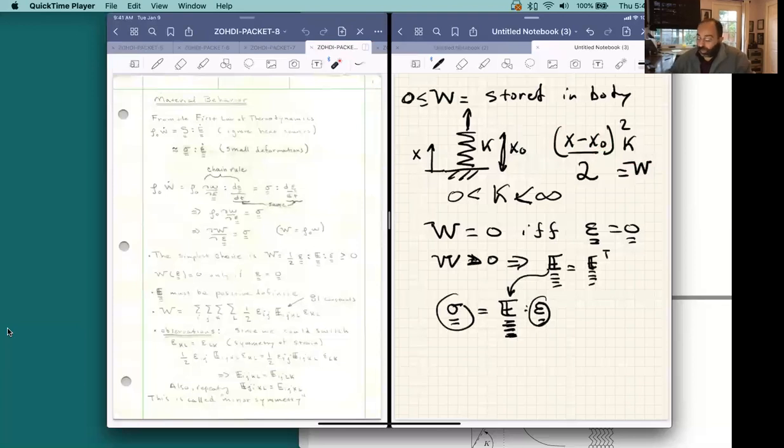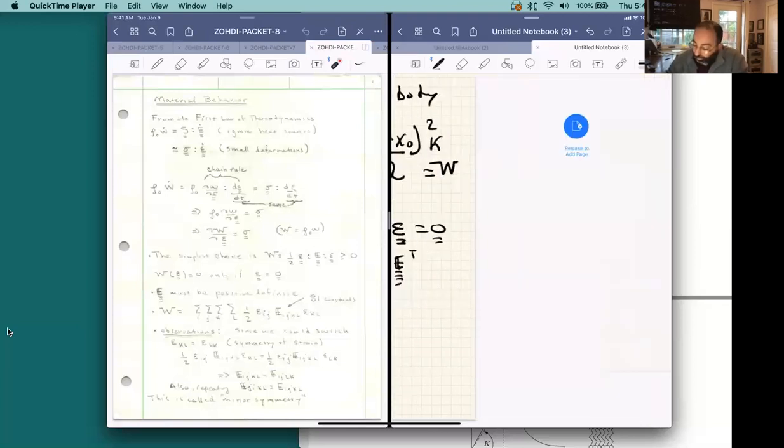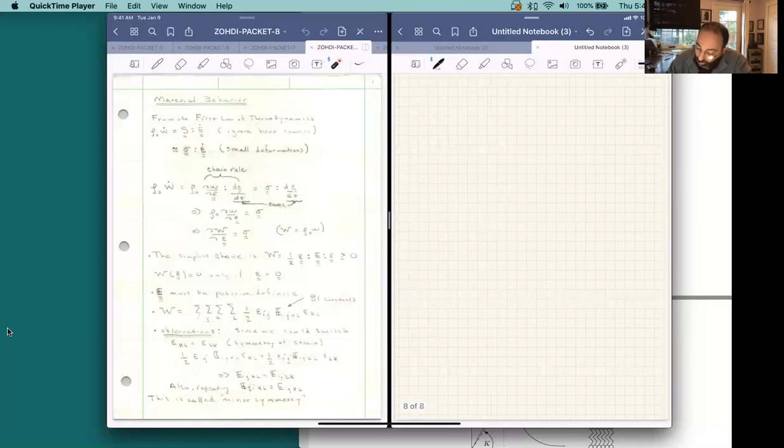Now, I want to make a very important observation here. When we write this relationship, that sigma is equal to some set of material constants multiplied by the strain, we put 4 lines underneath here because it's what we call a fourth order tensor. What that means is that stress we know is sigma ij. It has 2 components, 1 and 2.